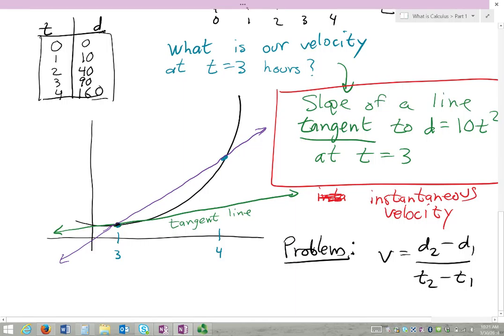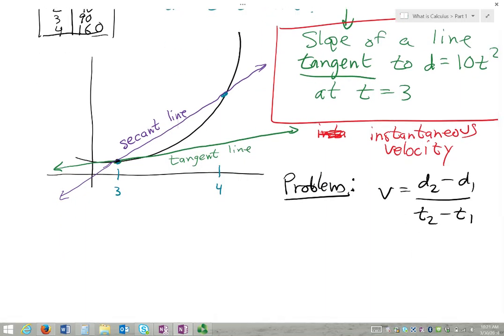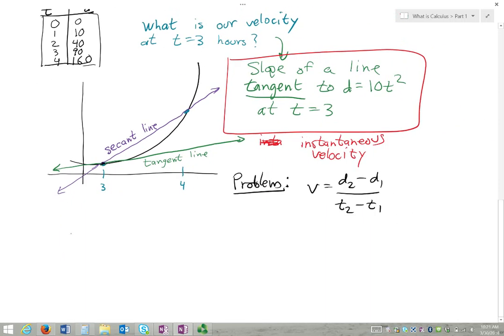And this average velocity, there's a name for this, it's called the secant. Again, these are fancy terminologies, but that's basically what we're doing. The secant line is going to give us the average velocity. So let's try to find that.